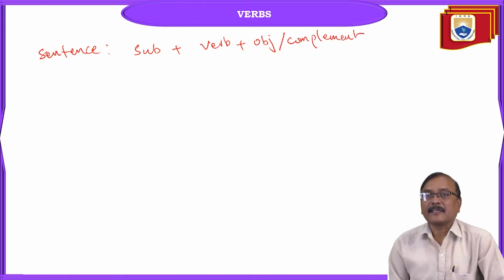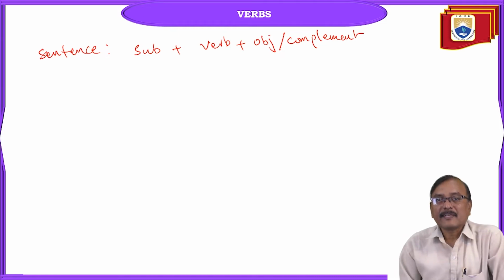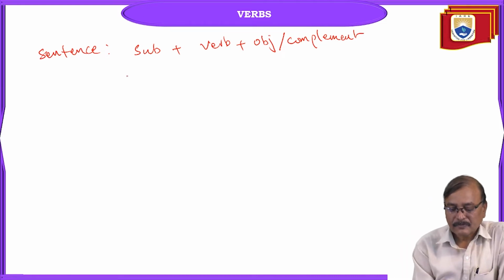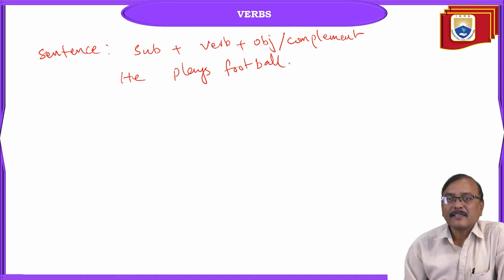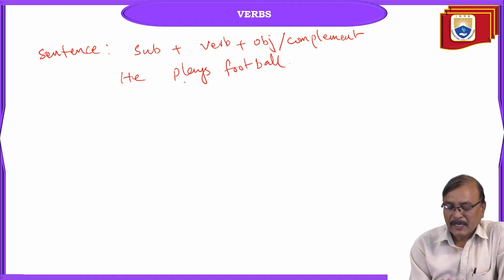This is the structure of a sentence. For example, "He plays football." That is daily. Here "plays" is the verb.